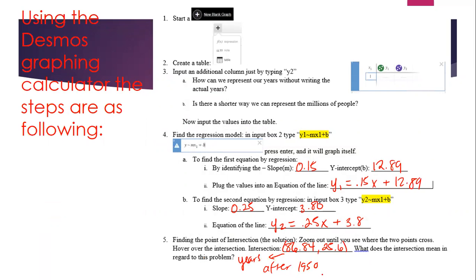So those are our years after 1950. And what does the 25.6 represent? The population in what? Millions.